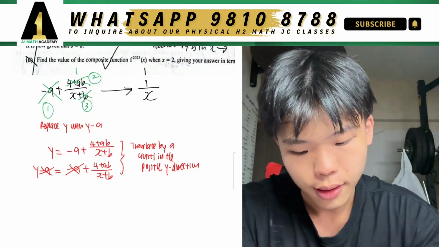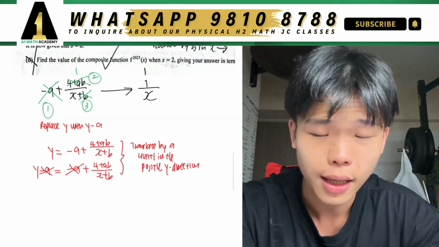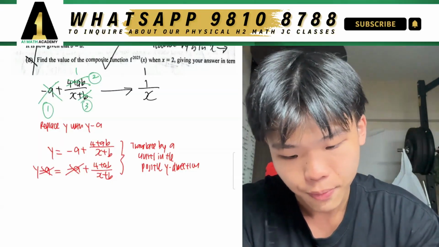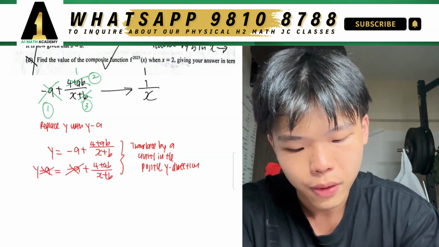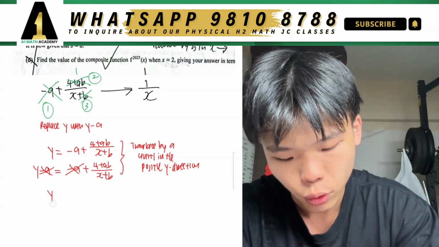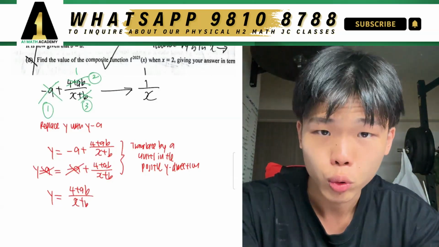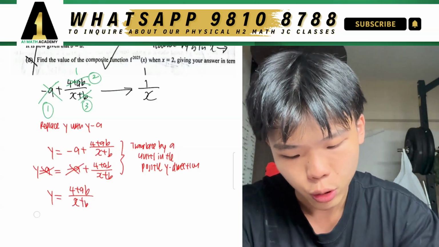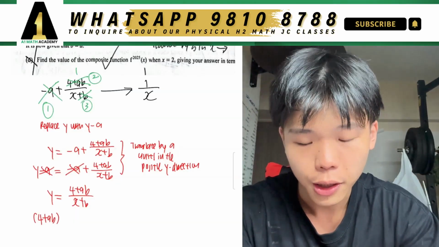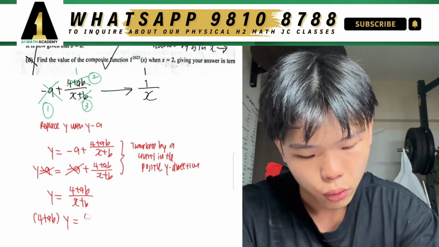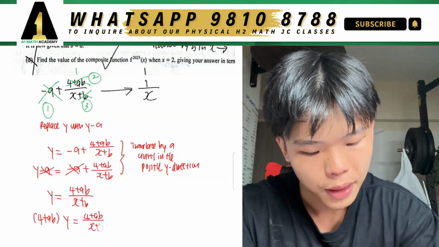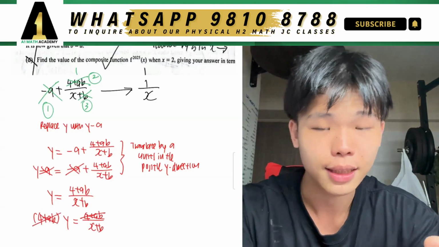Now for the next one, now that you're done with the first step, what's the second step? The second step is to actually get rid of the 4 plus ab, right? So now you have y equals to (4 plus ab) over (x plus b). So how do you do that? On the left side, you actually need to have a 4 plus ab over here, right? Then y equals to (4 plus ab) over (x plus b), so that these two can cancel each other out.